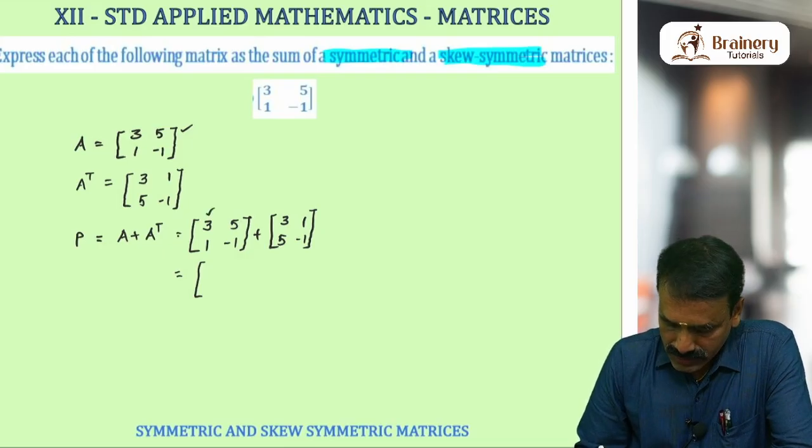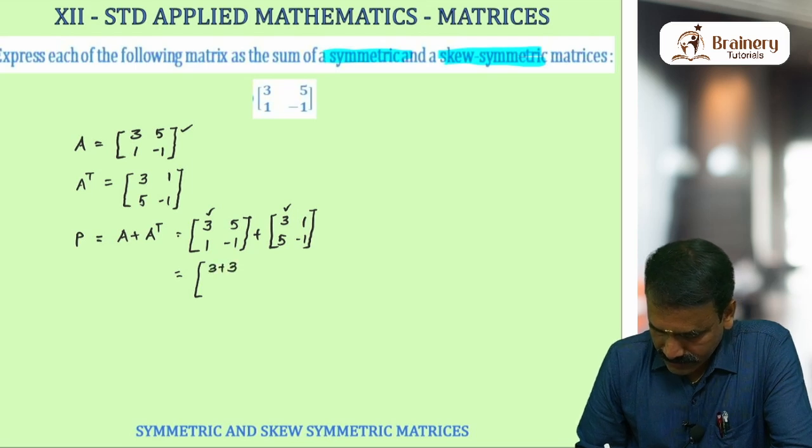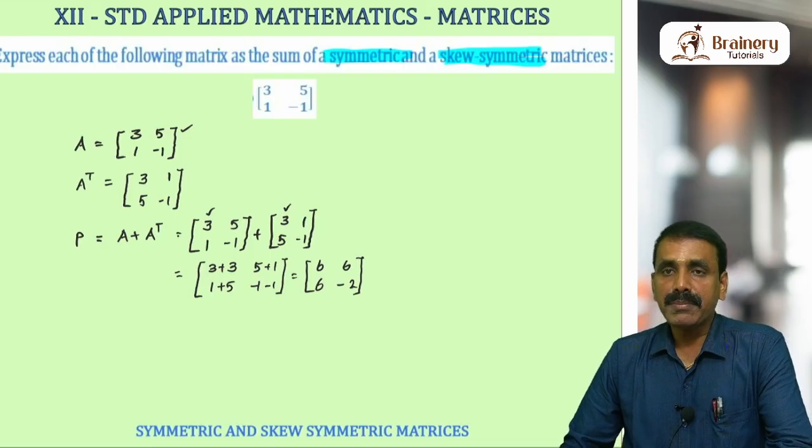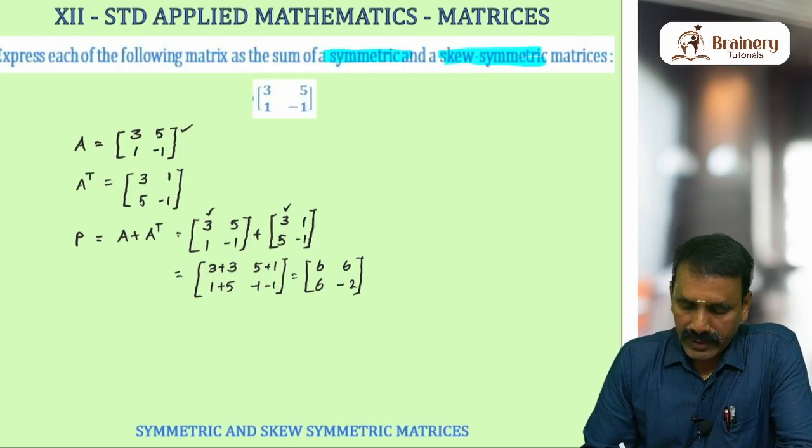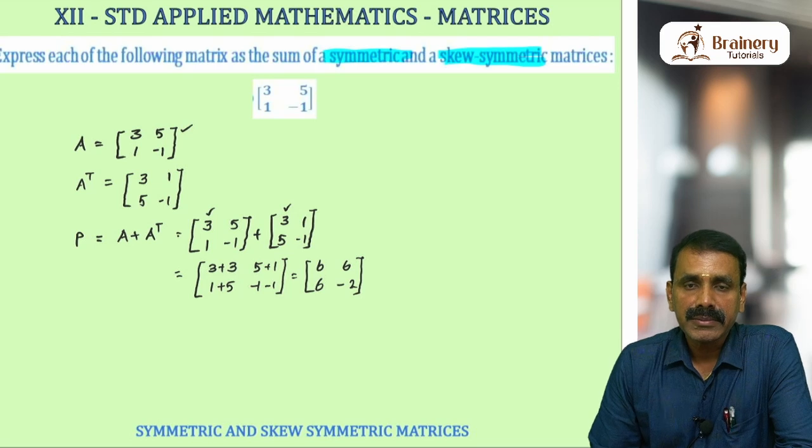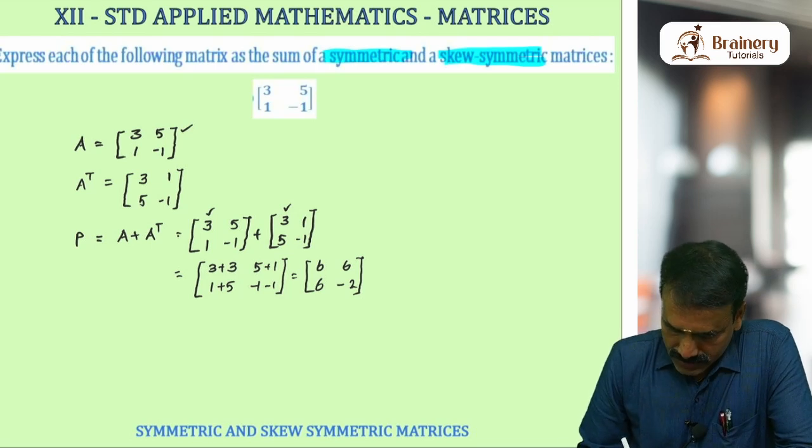So it is 3 plus 3, then 5 plus 1, then 1 plus 5, then minus 1 minus 1, which is equal to 6, 6, 6, minus 2. So this is the P matrix. Definitely this P matrix is a symmetric matrix. Is it clear? So find P dash.